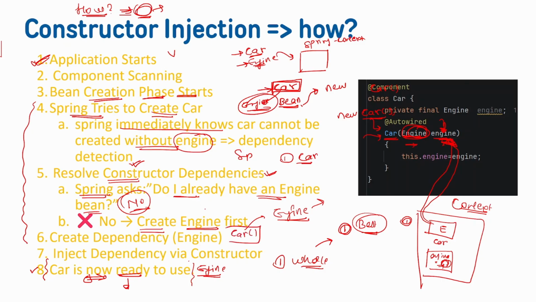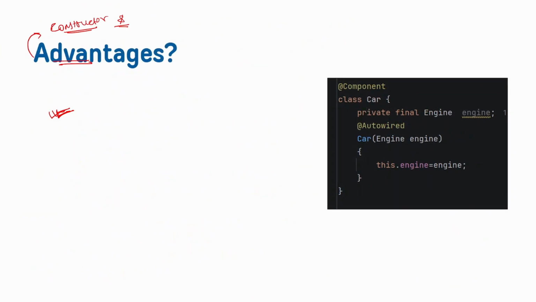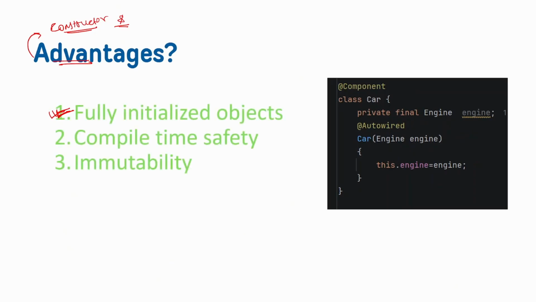The car instance cannot be created without the engine dependency. A car can only be created when there is an engine available. So there is a fully initialized object, no partially initialized object. We will see what is meant by a partially initialized object in setter and field injection.